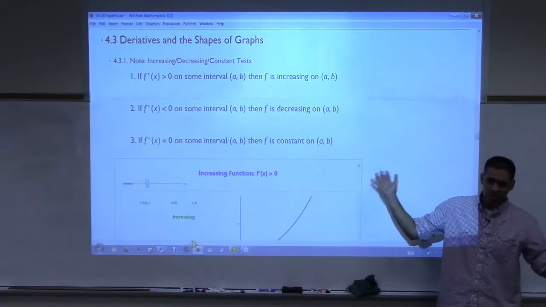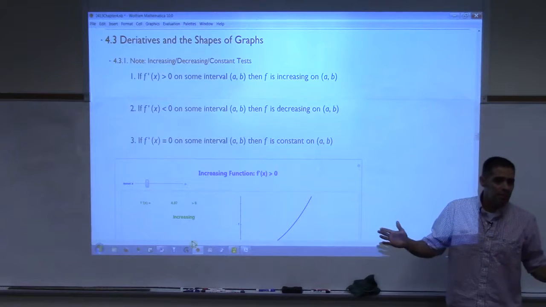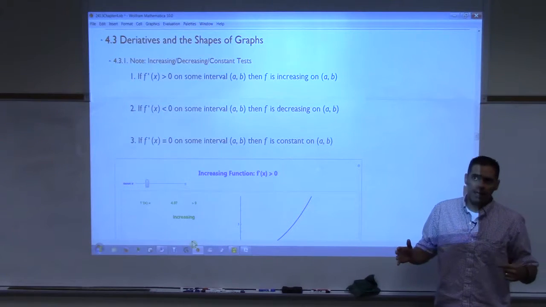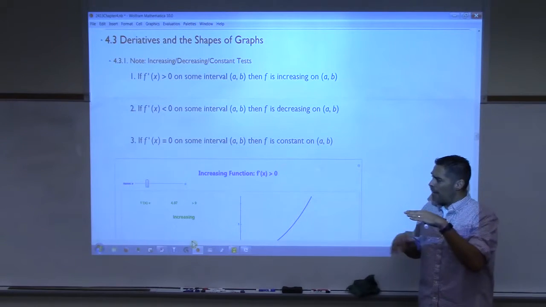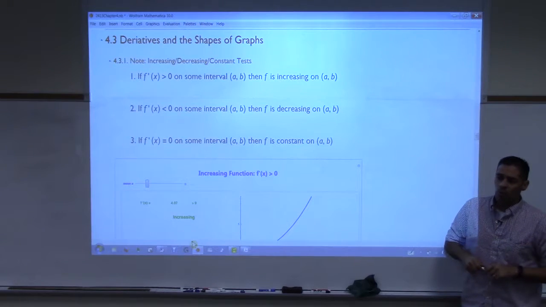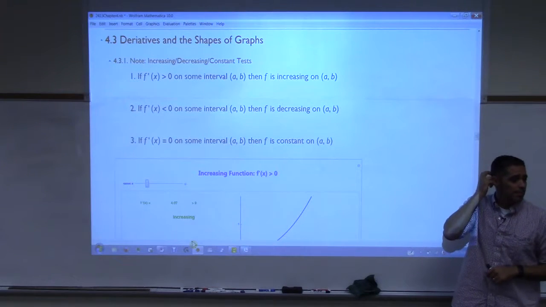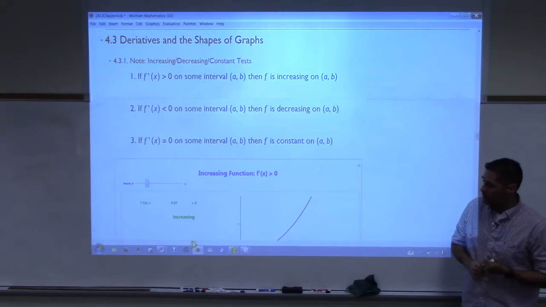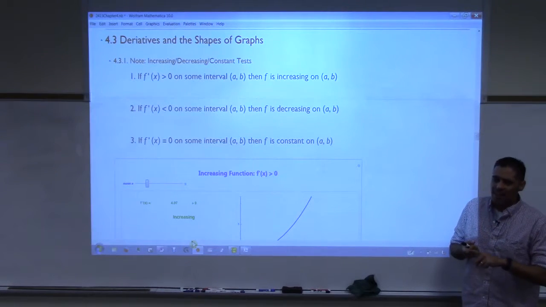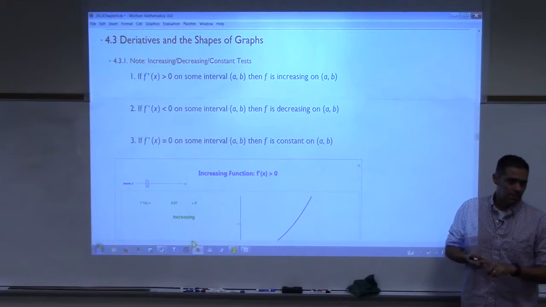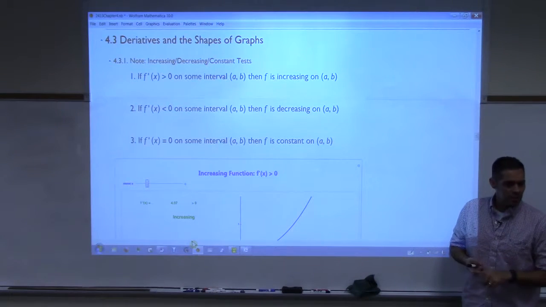What if the domain is all real numbers? Then it maybe will have global maximums and minimums, but more importantly, will it have local maximums and minimums? That's what our real focus is going to be. And amazingly, both the first and the second derivatives tell us about what the graph looks like.